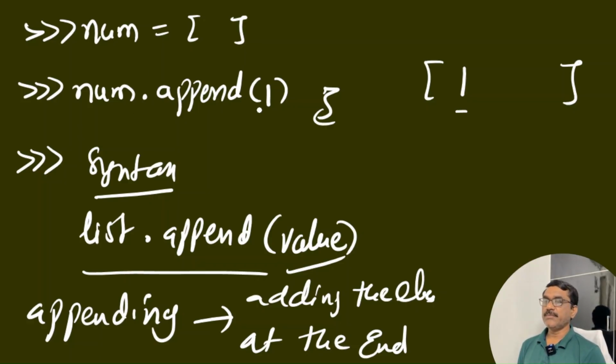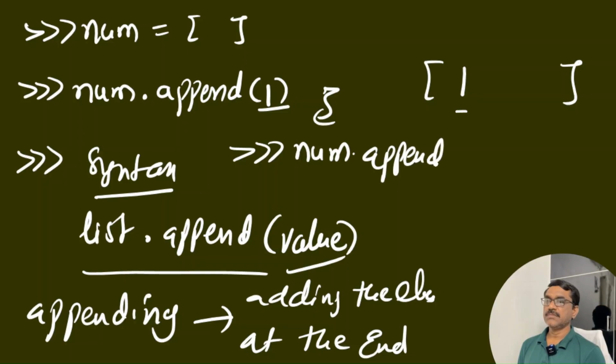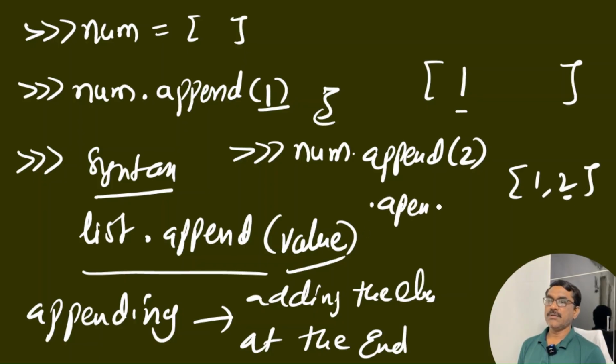First, we are going to add the element 1 into the empty list. Empty list doesn't have any elements. So what is the end? The first element is the end. So 1 here. Now, if we say a second time num.append, in brackets if you say 2, then the list is going to have the element 2 at the end. Like that, you can append any number of elements by repeating num.append every time.